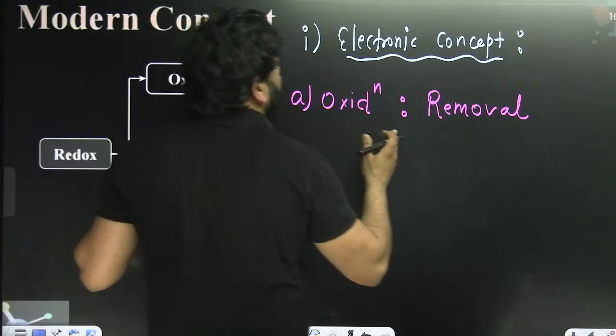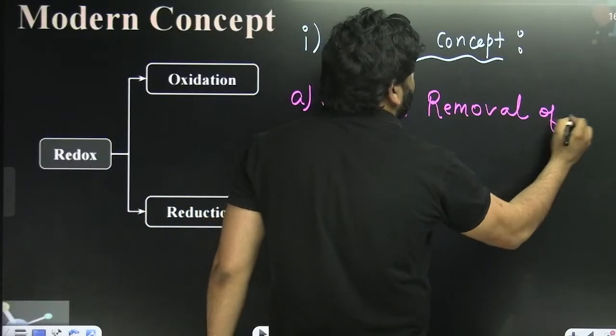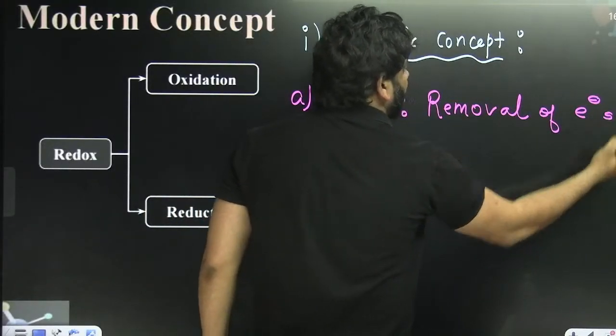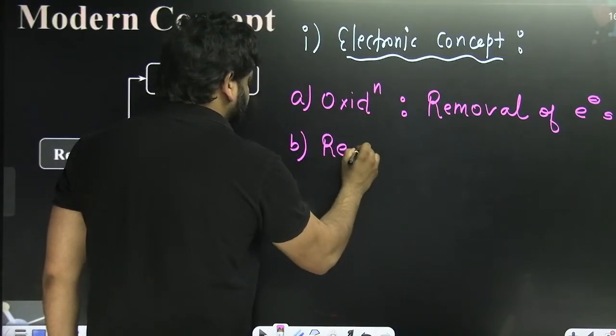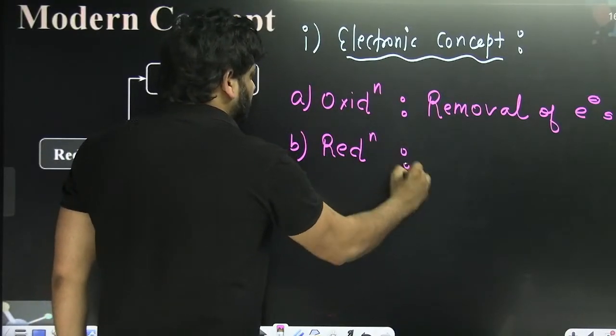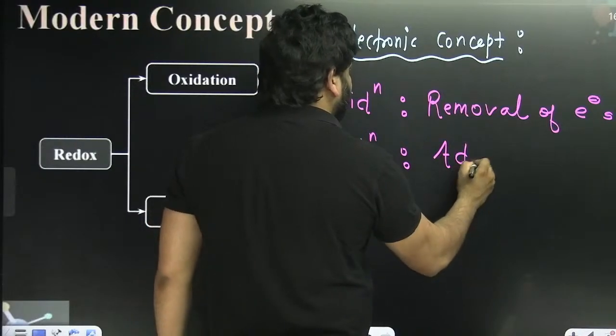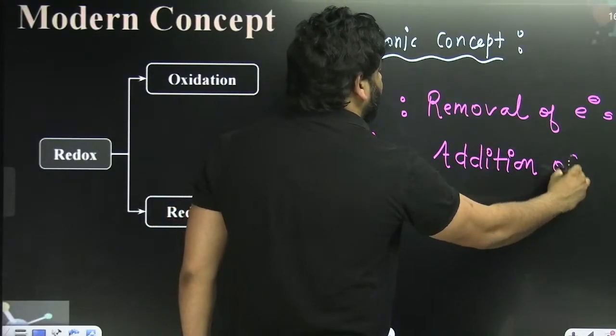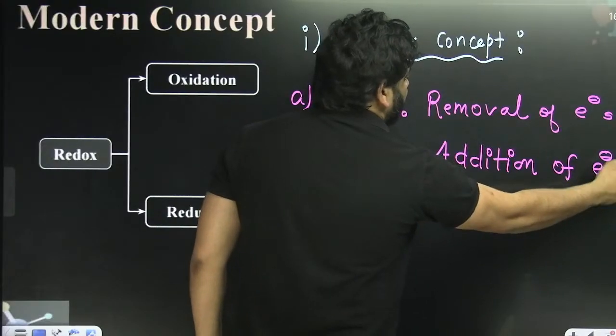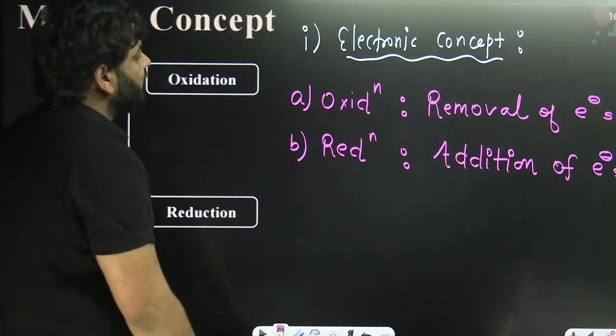So oxidation is the removal of electrons. Then another is called reduction. Reduction is called addition of electrons.